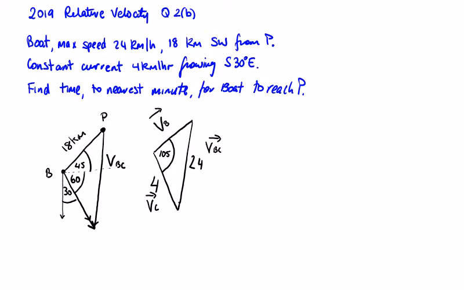What have we got? We have sine 105 over 24 is equal to 4 over the sine of this angle up the top here, which we'll call A. So 4 by 24... No, sorry. What have I done? Upside down.